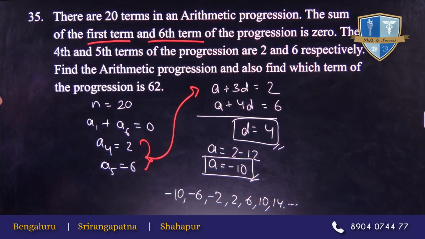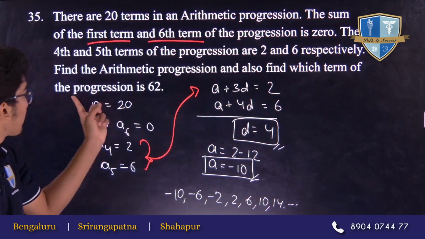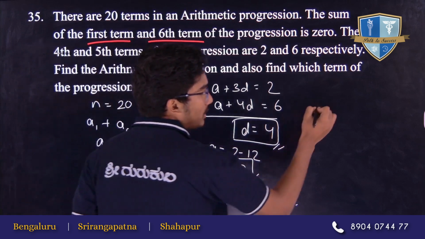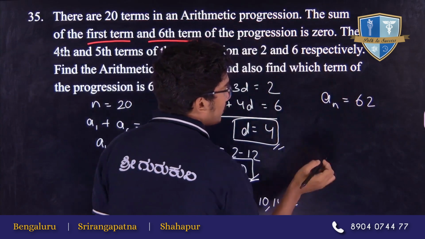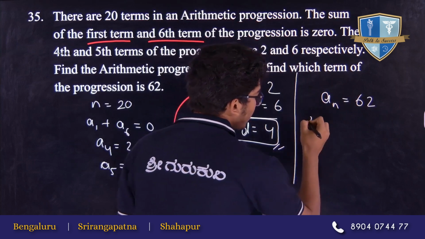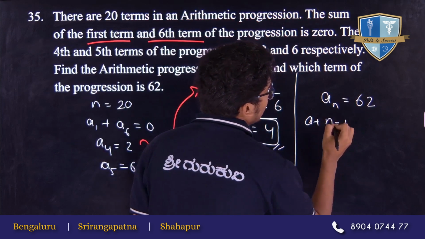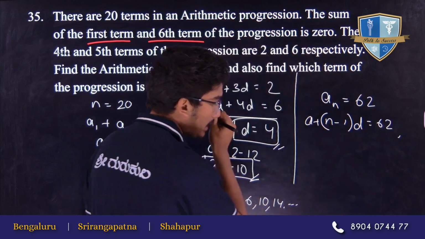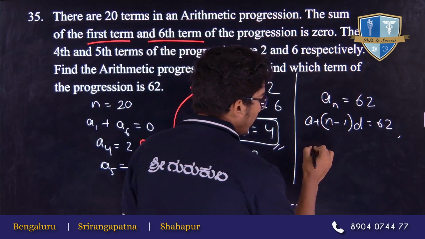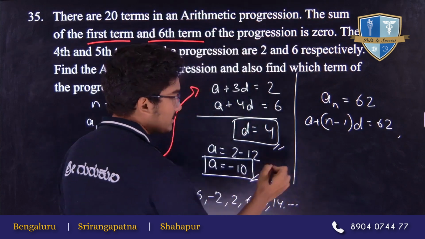Now we are supposed to find which term of the progression will be 62. So an is equal to 62, and the an formula we know is a plus n minus 1 times d, which is equal to 62. Correct? So a is given as minus 10.